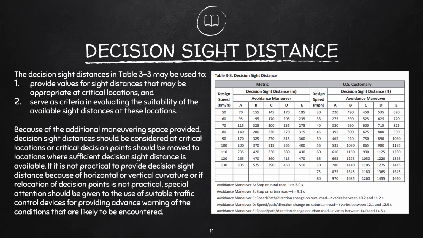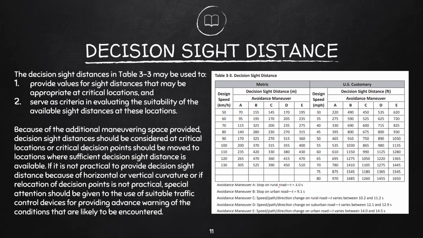So for avoidance maneuver A and B, those are if the only maneuver that is applicable is to stop. Okay, I told you that decision site distances is not necessarily stopping. Okay, but you may also change your speed, your path or direction. So these are different types of maneuvers.